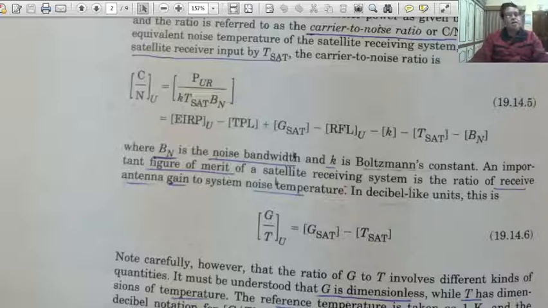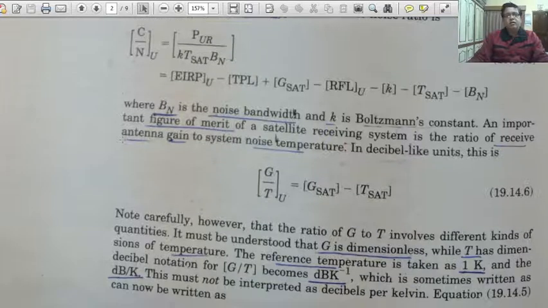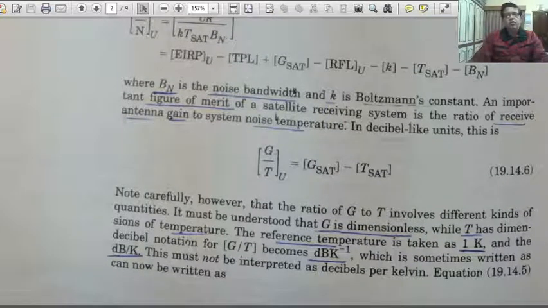The square brackets show that the values are in dB, where BN is the noise bandwidth and k is Boltzmann's constant.